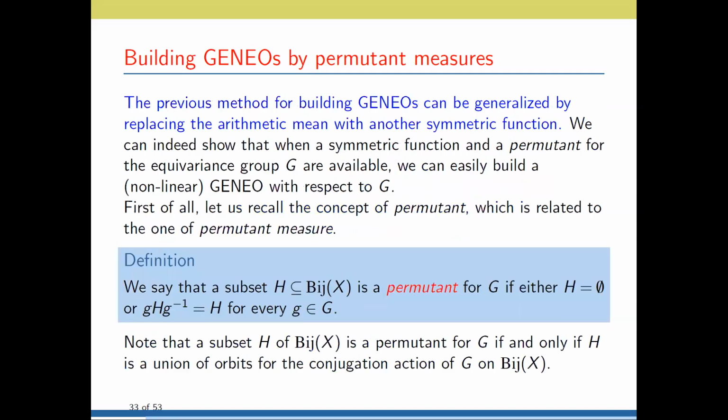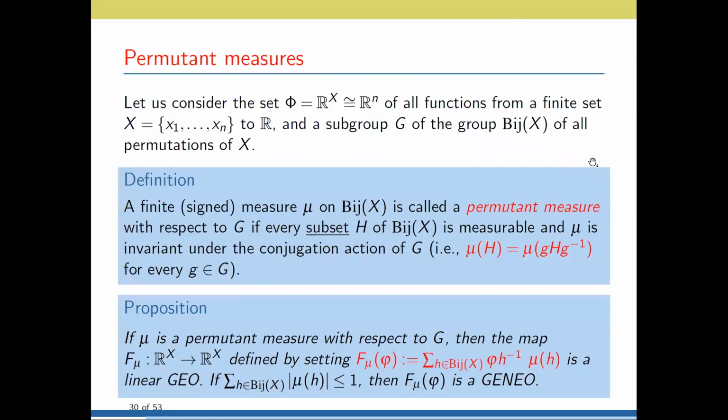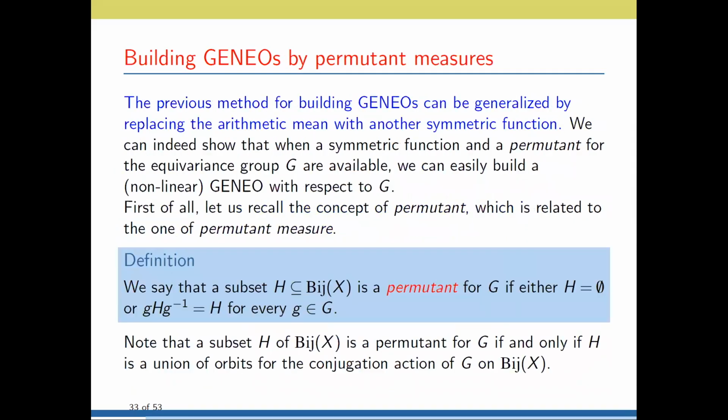Okay, the previous method for building GENEOs can be generalized by replacing the arithmetic mean with an arithmetic function. Please consider that the machine to get GENEOs in this proposition is an average, a weighted average. But now we can say, what happens if we replace the weighted average with another symmetric function?